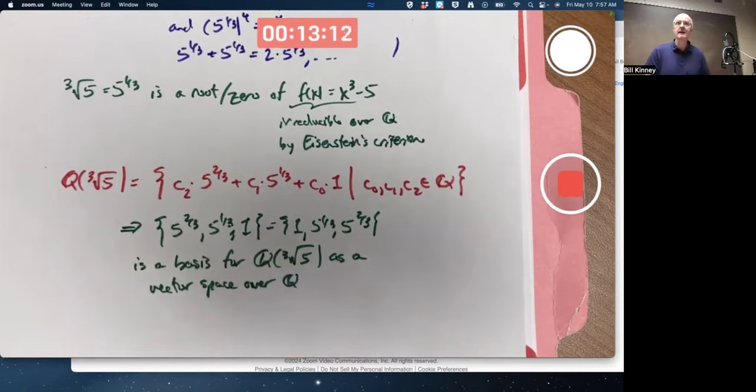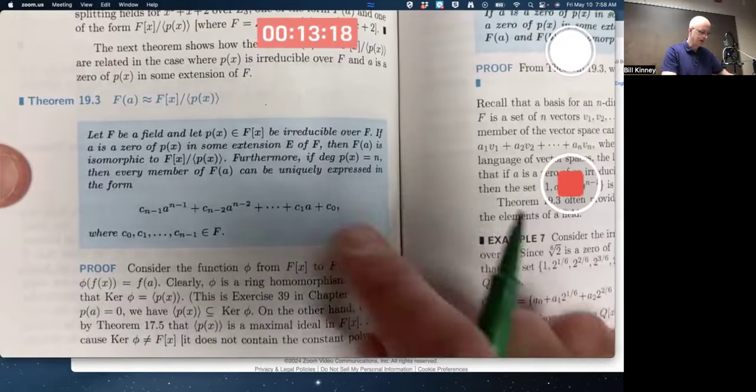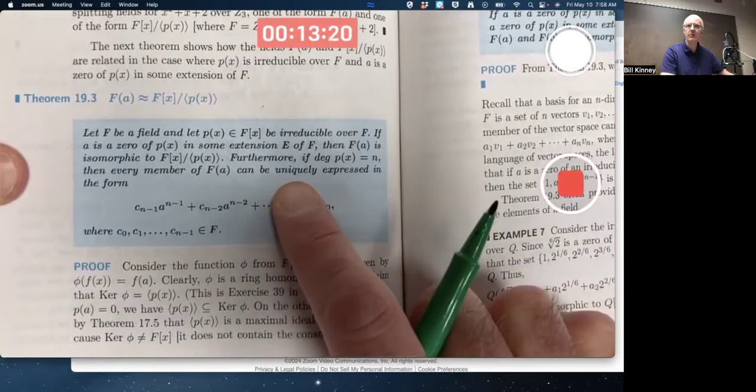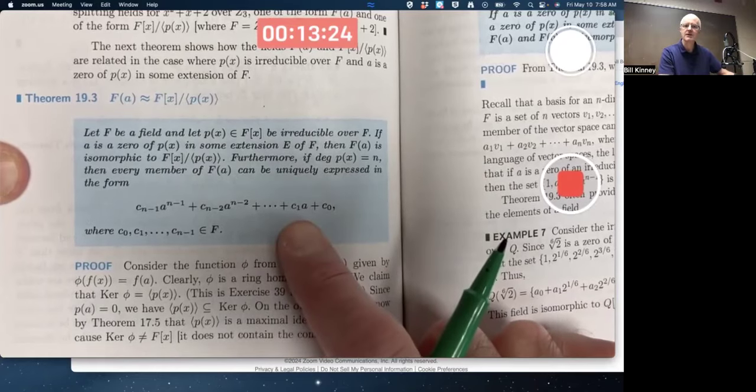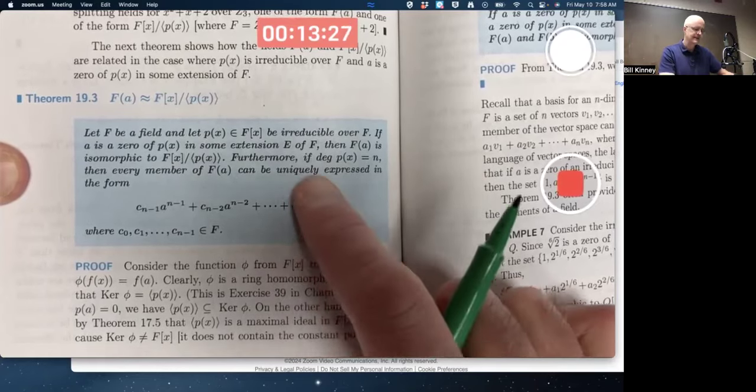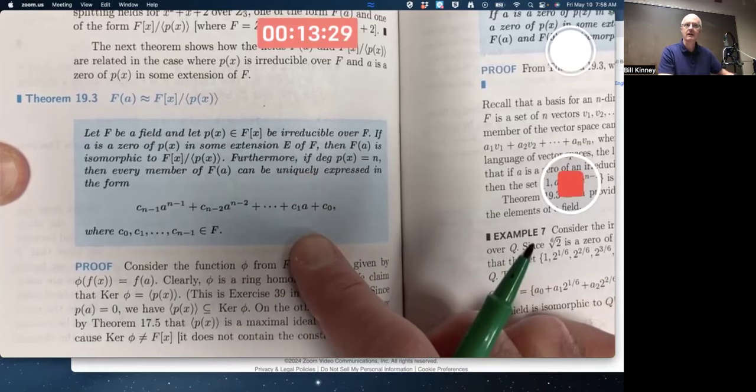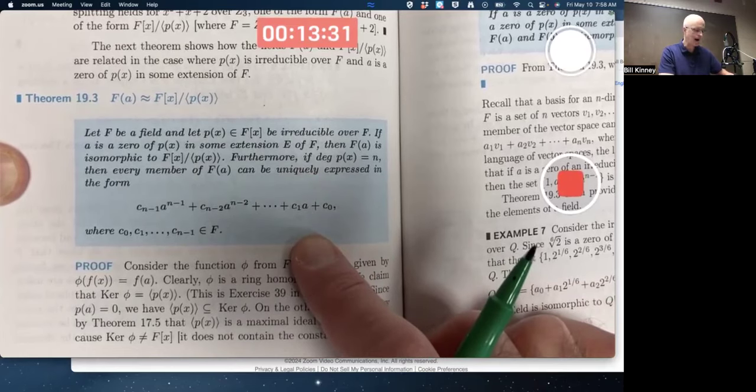Is it also going to be linearly independent? It will be. That's not actually stated in this theorem, but the fact that you get unique representation, that this representation as a linear combination is unique, is equivalent to being a linearly independent set, these powers of A being linearly independent.